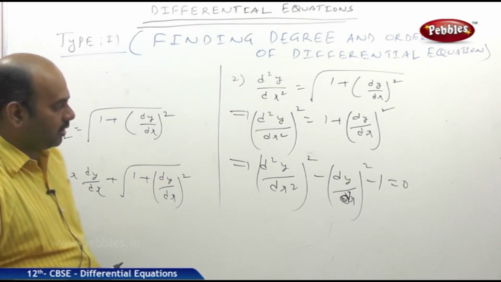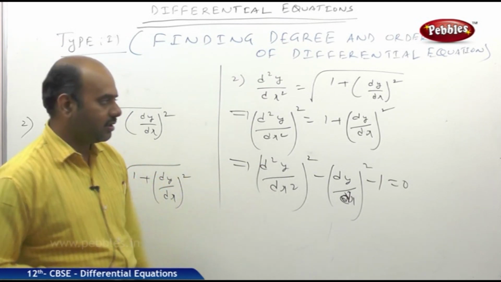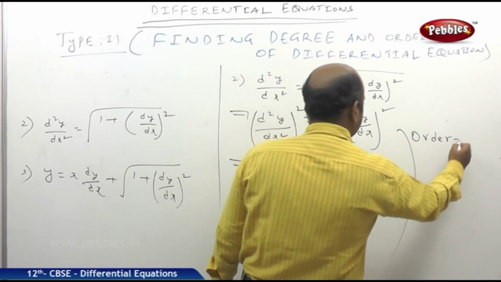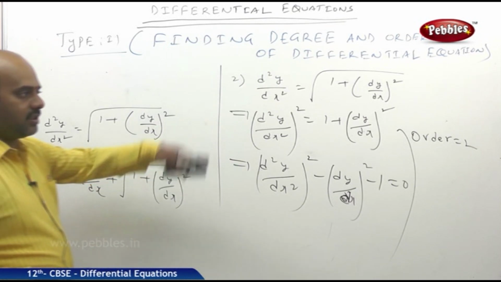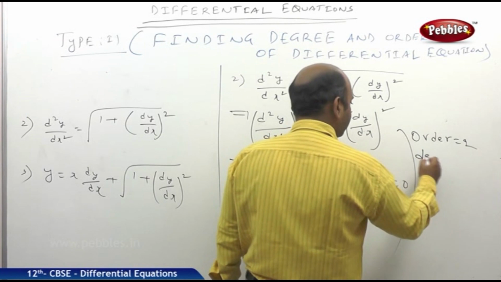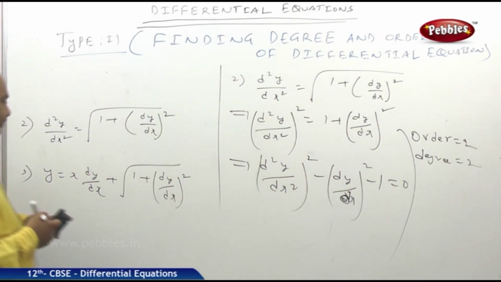Order means the highest order derivative. What is the highest order derivative here? d square y by dx square. So for this I can write the order as 2. And degree means the power of the highest order derivative. So here the degree is also 2. I think it is clear to you.